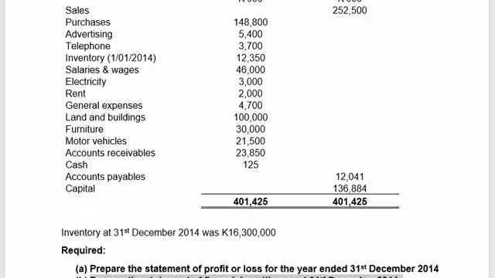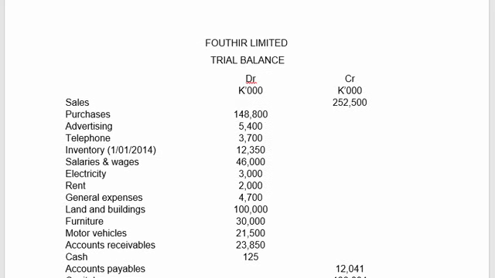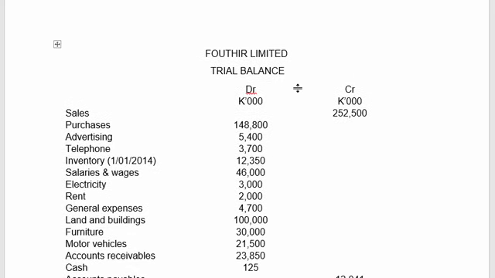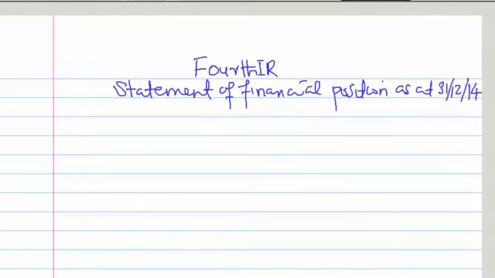preparation of financial statements. So the first thing you want to do when preparing a statement of financial position is get the name of the company and then get the date for which you're preparing the financial statement. I've done exactly that and written them down.